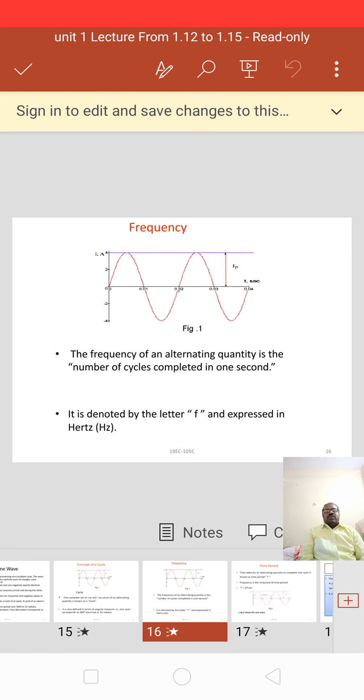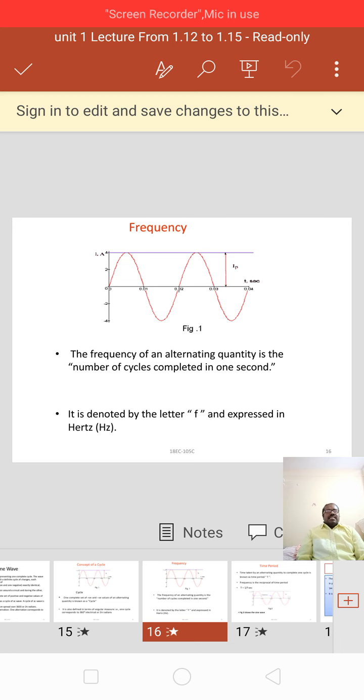Now we learn about the concept of frequency. The frequency of an alternating quantity is the number of cycles completed in 1 second. The definition of frequency is the number of cycles completed in 1 second.